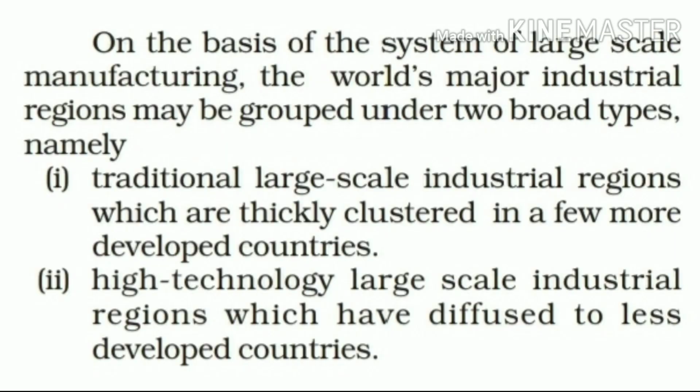On the basis of the system of large-scale manufacturing, the world's major industrial regions may be grouped under two broad types, namely, traditional large-scale industrial regions, which are thickly clustered in a few more developed countries, and high-technology large-scale industrial regions, which have diffused to less developed countries.